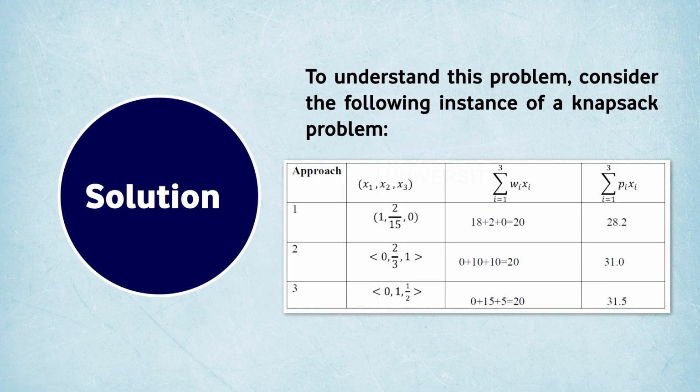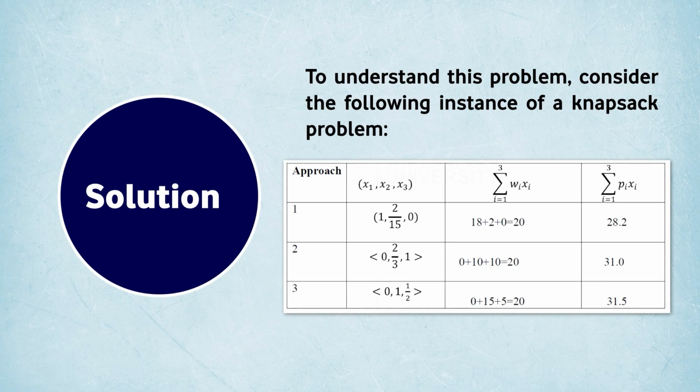Next, take item 3, 15 divided by 10. So dividing 25 by 18, you will get around 1.3, by dividing 24 by 15, you will get 1.6, and by dividing 15 by 10, you will get 1.5.